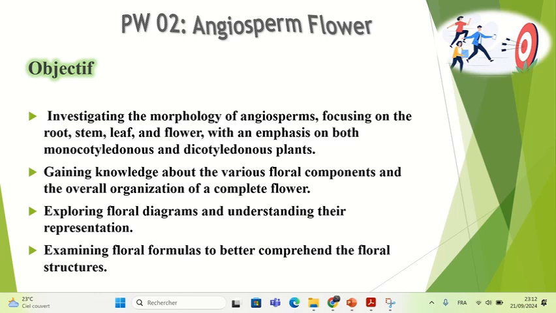Then exploring the floral diagram and understanding its representation. After that, examining the floral formula to better comprehend the floral structure.